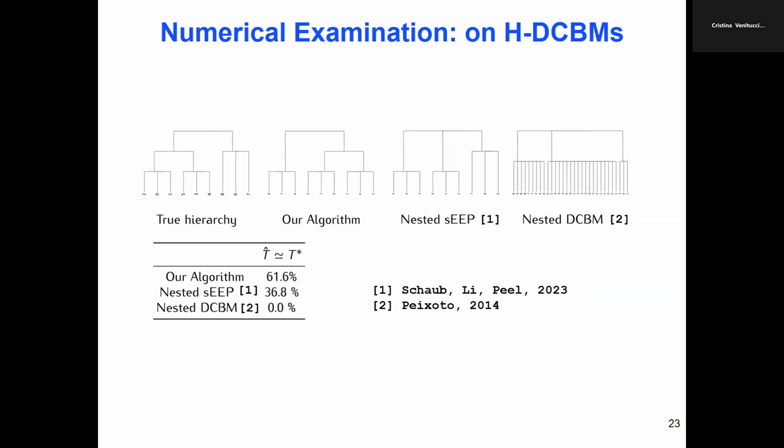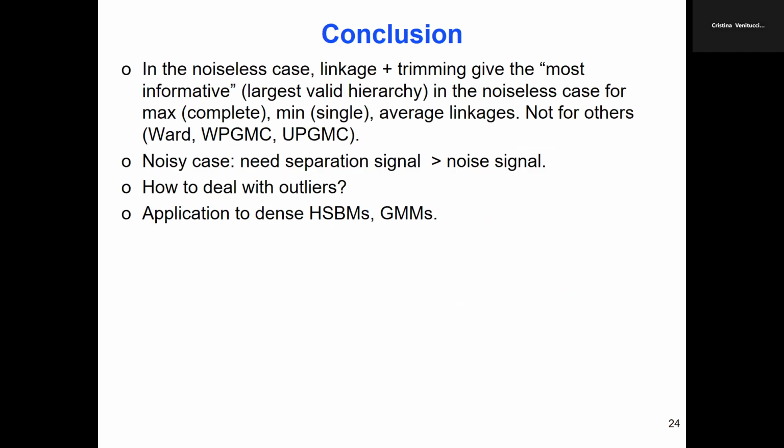If you have a simple linkage, minimum, maximum, average are the linkages that work. All the other linkages that are more fancy usually do not verify the rule for always arriving at the correct result at the end. So that's what I wanted to show.